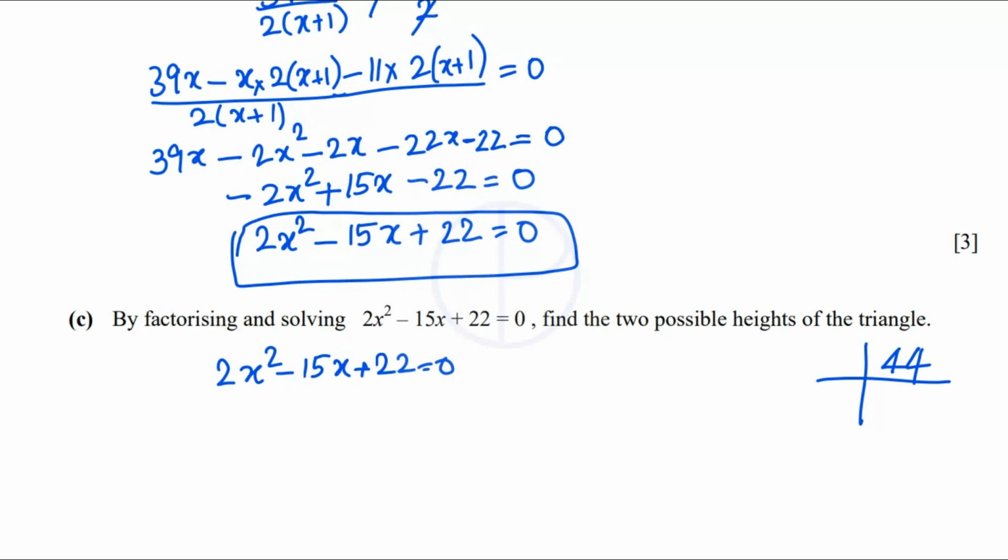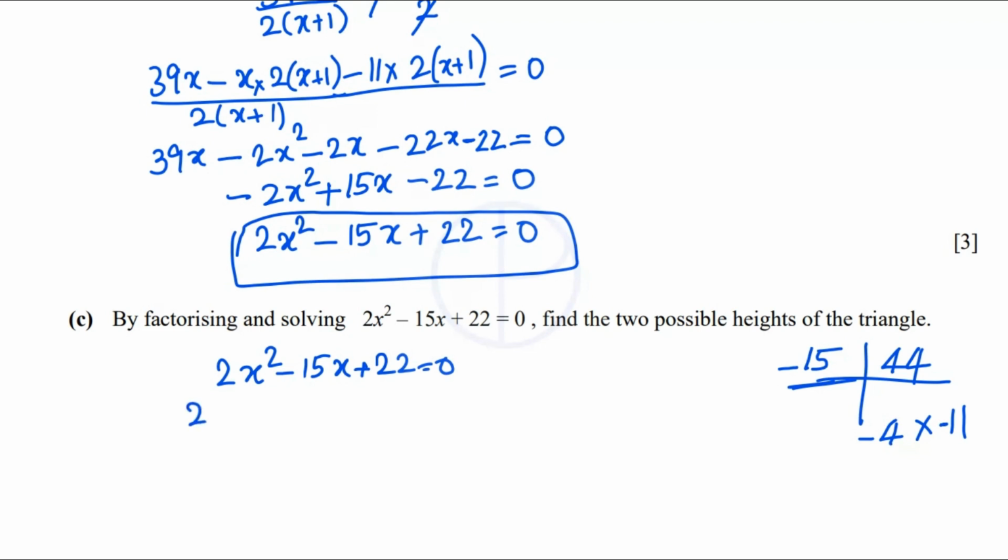And when you add, you have to get minus 15. Okay. So 4 multiplied by 11 gives 44. 4 times 11. And we need to get negative 15. So if both are negative, then when you add, you will get negative 15.